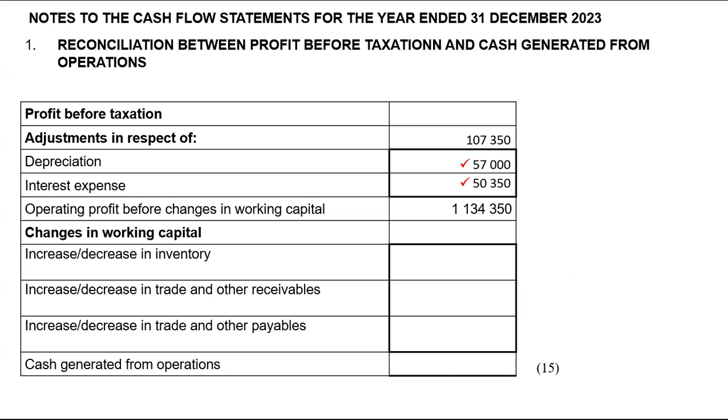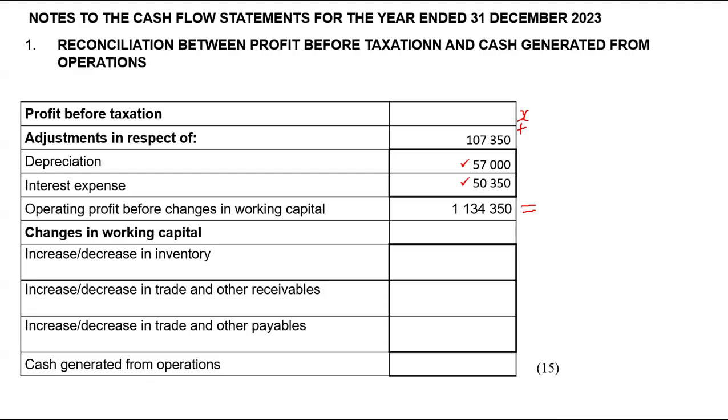When I add that 107,350 with whatever I have, which in this case is X, okay? I don't have my profit before taxation. So this one here is X. For me to get that X, I'll have to work backwards because normally if I take X and add it with this 107,350, I'm supposed to get 1,134,350, which was given to me in the answer book.